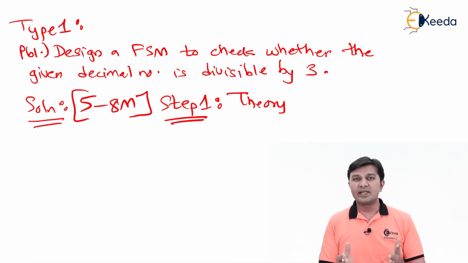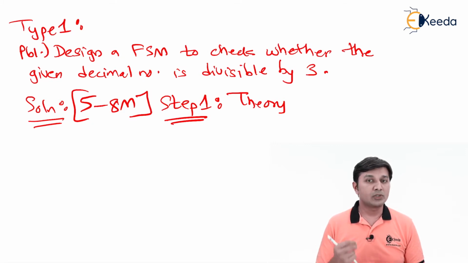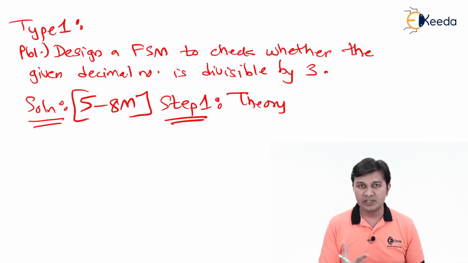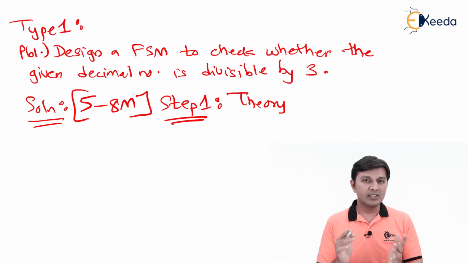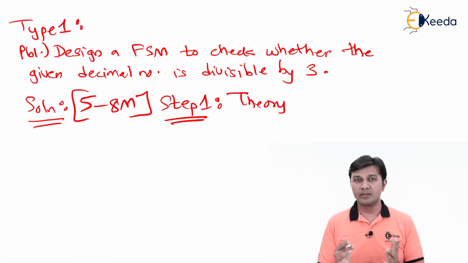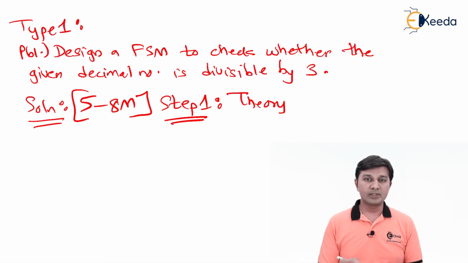FSM consists of finite set of states S which alter on receiving the input set I to produce the output set O. It consists of two functions, state function and machine function, wherein the state function says given a state and an input what is the next state, and the machine function says given a state and an input what is the output. So these all things have to come into the theory part. This will account to approximately 1 mark in your exam. Moving on to step number 2.